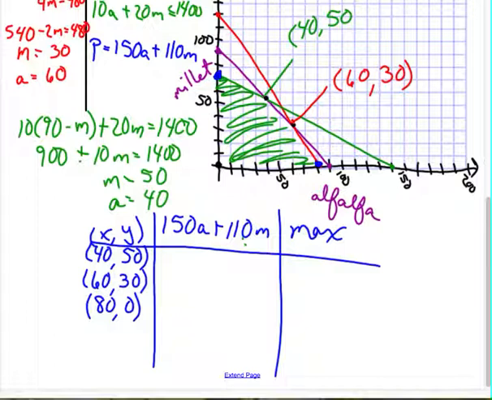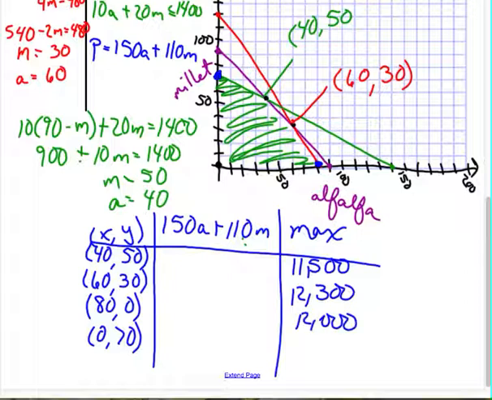And right here, that's 0, 70. So substituting each of these in, I'm not going to waste time writing it down. My first one gives me $11,500 profit. My second one would give me a profit of $12,300. My third one would give me a profit of $12,000. And my last one would give me a profit of $7,700.